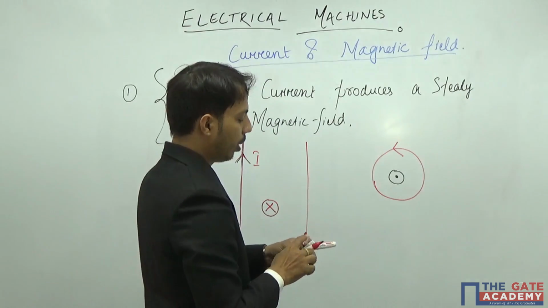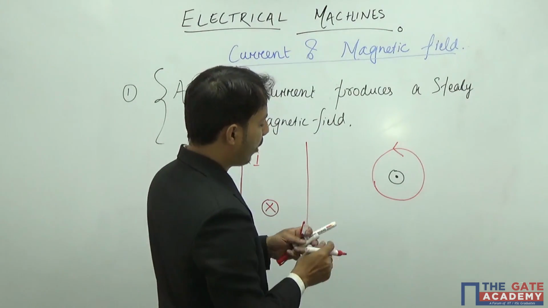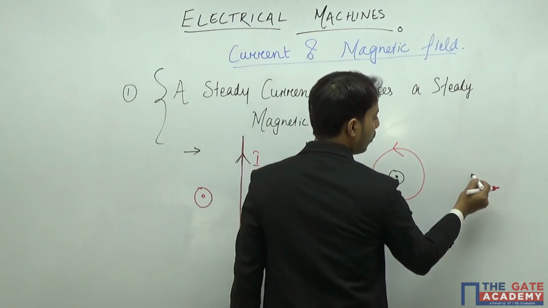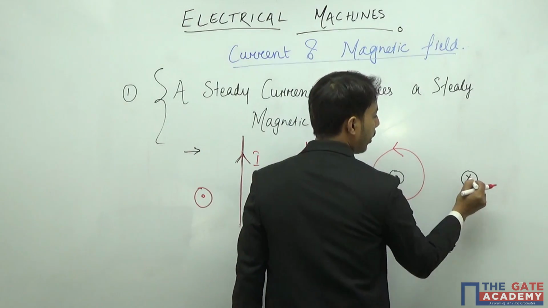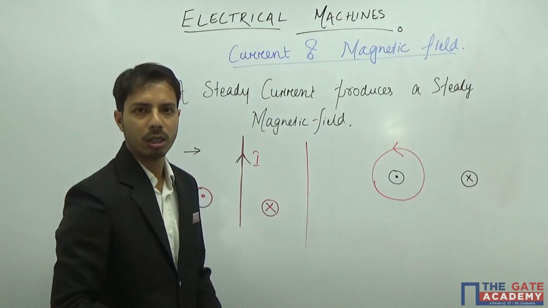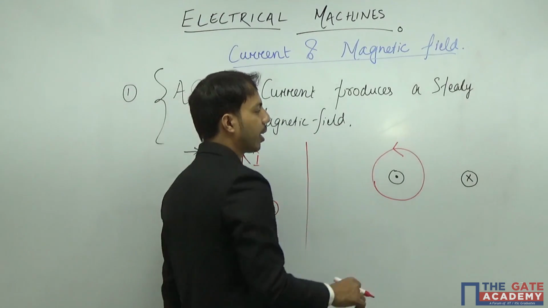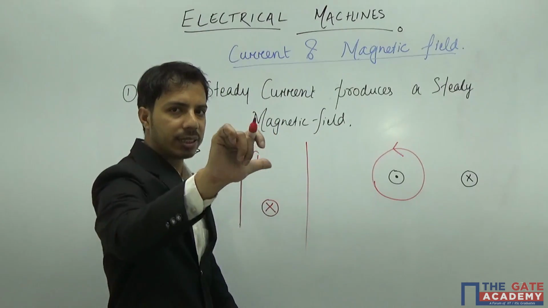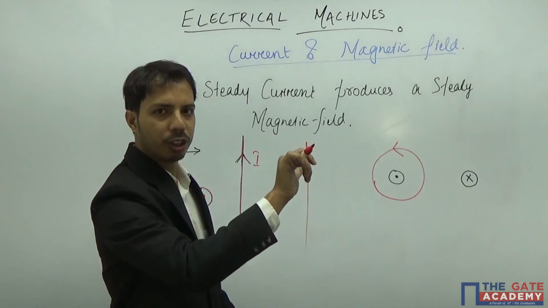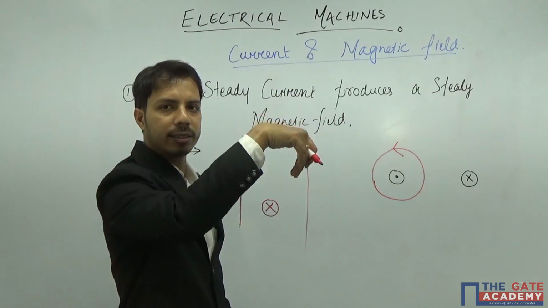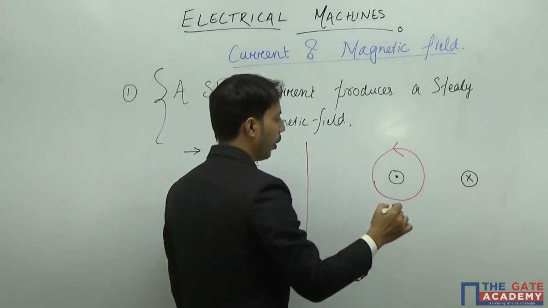Similarly, if I have a conductor with current going inwards, that means my thumb is now towards the board. In that case, the direction of my field will be clockwise.